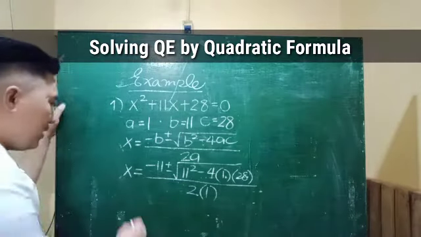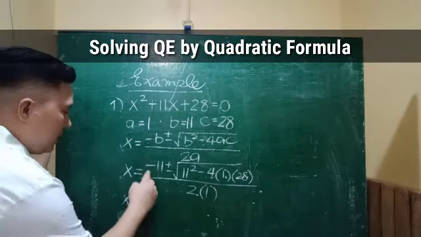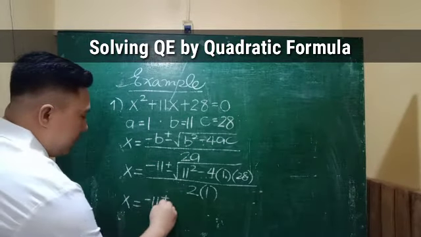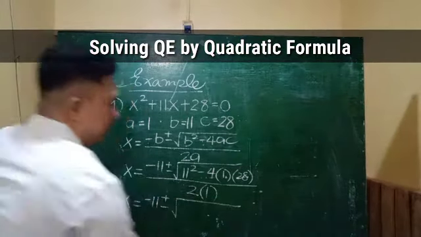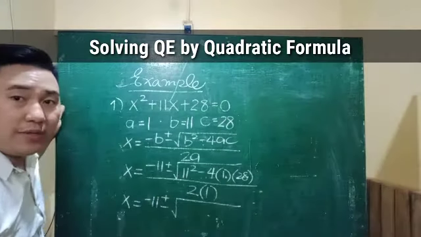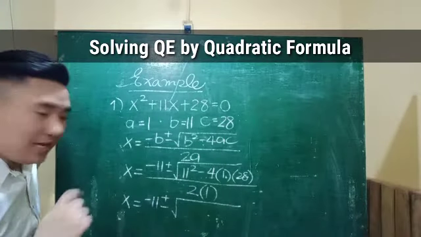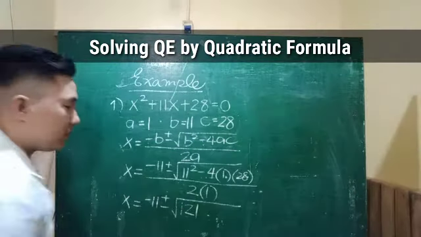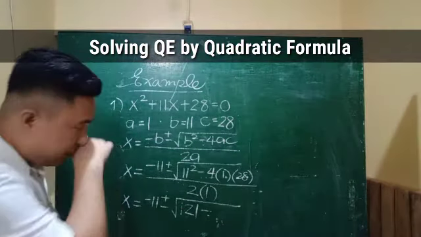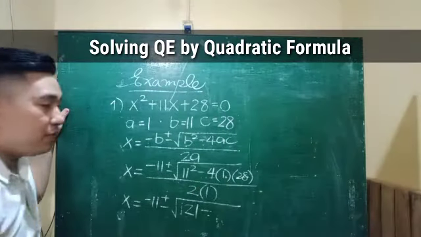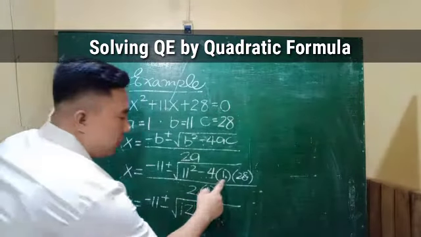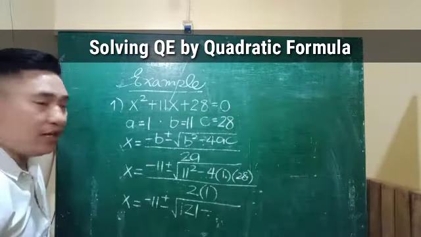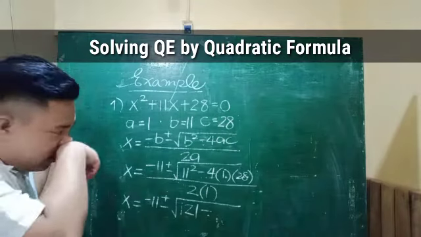Okay? So, magiging x equals negative 11 plus and minus square root of, what is 11 squared? Ibig sabihin nun, 11 times 11. So 11 times 11, 121. Minus 4 times 1, 4. Then 4 times 28 ay 112.